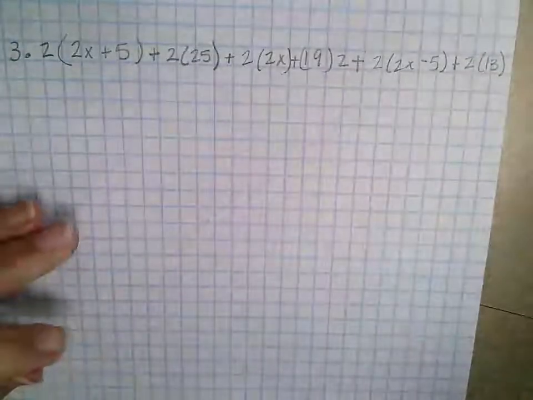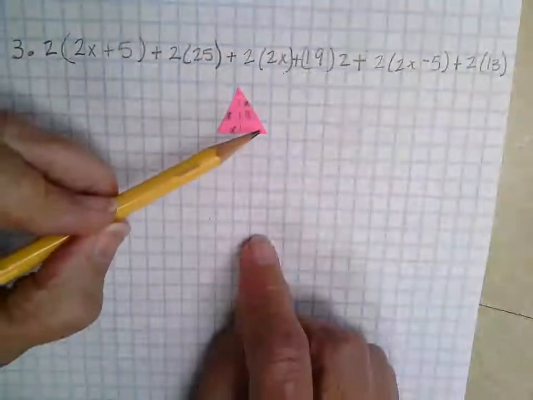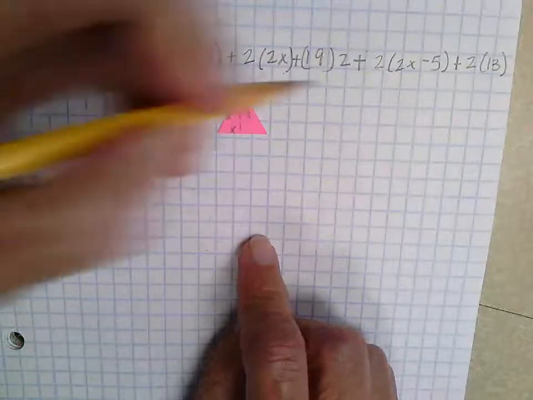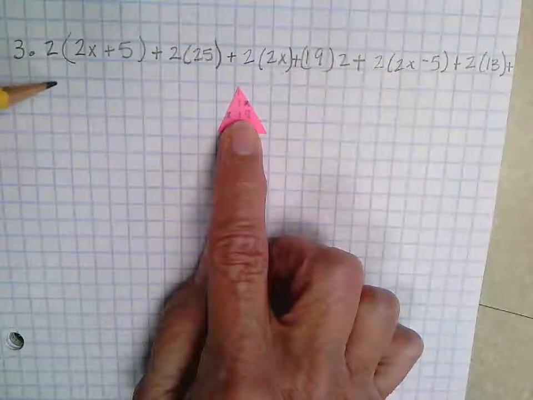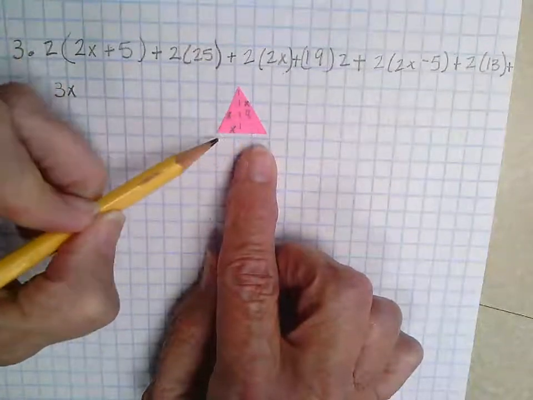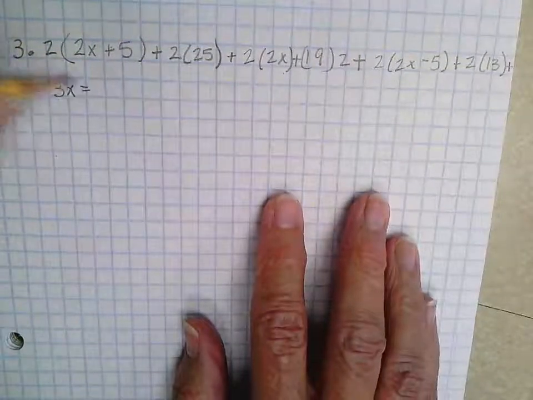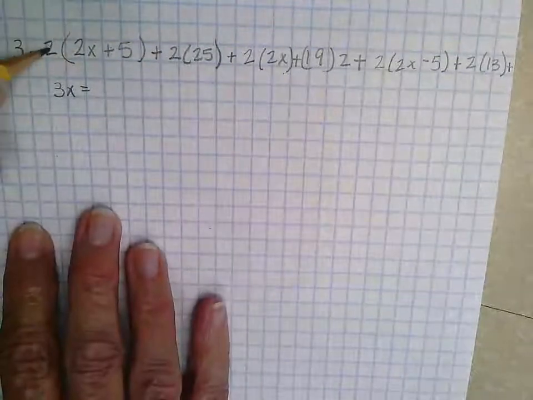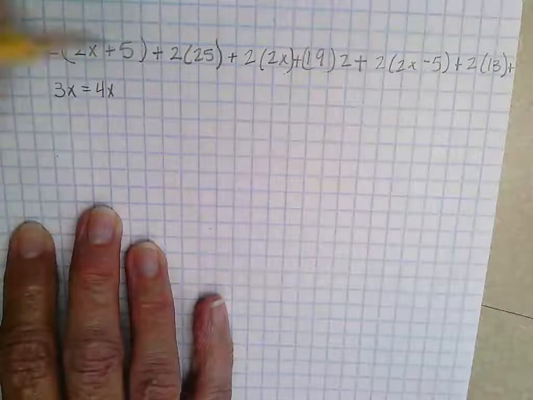Now for my triangle, my sides of my triangle were x, x, and x. So to all of this, I'm going to be adding 3x, because x plus x plus x is 3x. So I'm going to do my distribution now. So this is going to be 4x, and 2 times 5 is 10.